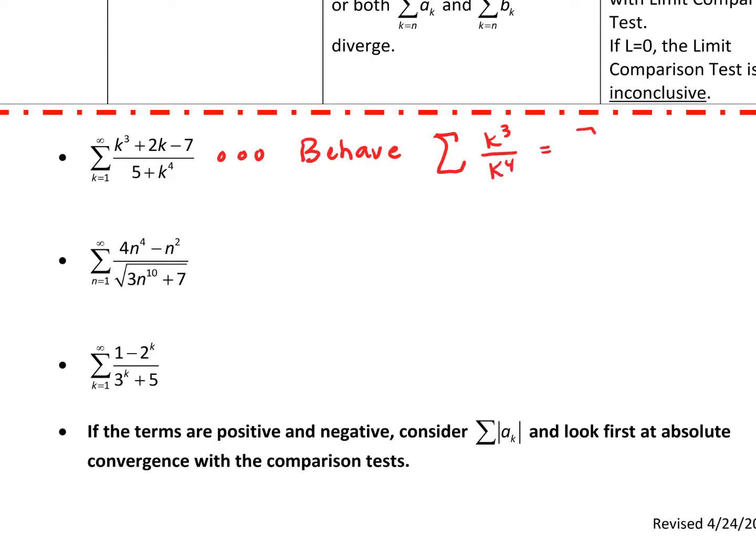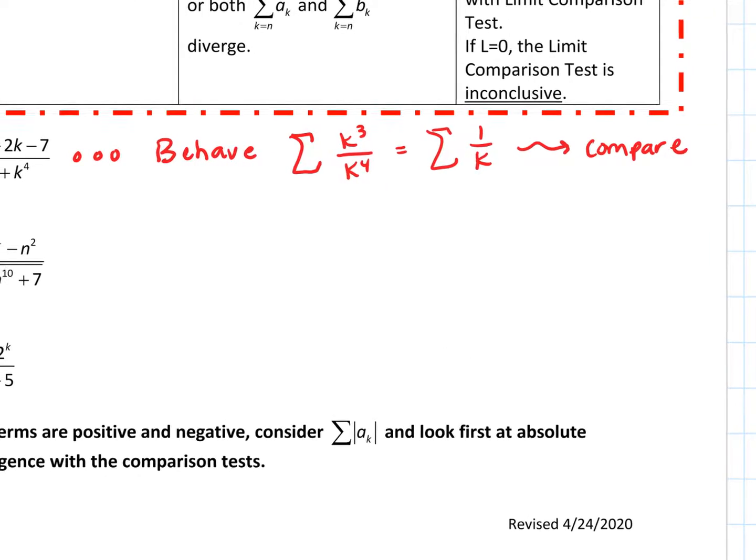And that is simply 1 over k. And so I think to myself, I'm going to compare. Whether I use limit comparison or direct comparison gets into the details of applying the comparison test, but that's absolutely what I would do.